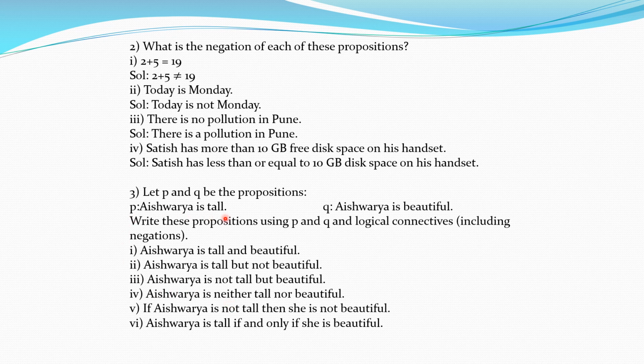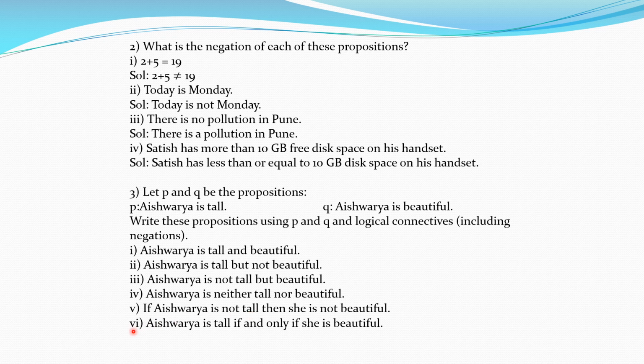So both negations are there, joined by and. So it is negation P and negation Q. Now next is: if Aishwarya is not tall, then she is not beautiful. As if-then is used here, this is implication. Aishwarya is not tall is negation P. She is not beautiful is negation Q. So this is negation P, implication, negation Q.